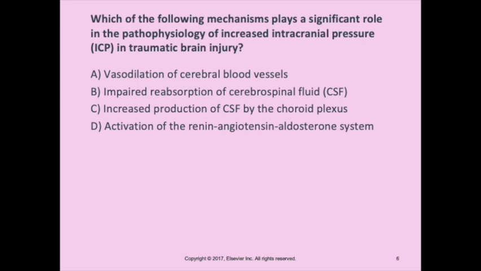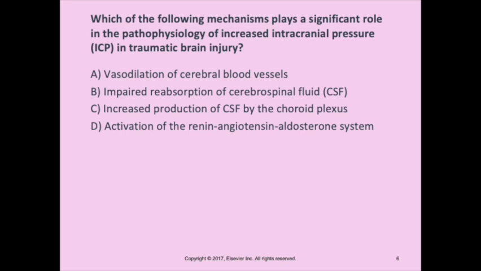So in normal physiologic states, your CSF is continuously produced by the choroid plexus, and it circulates through the brain and the spinal cord. And it's providing a cushion, and it helps to maintain a very stable intracranial environment. But when you have a traumatic brain injury, the normal flow and absorption of CSF is disrupted.